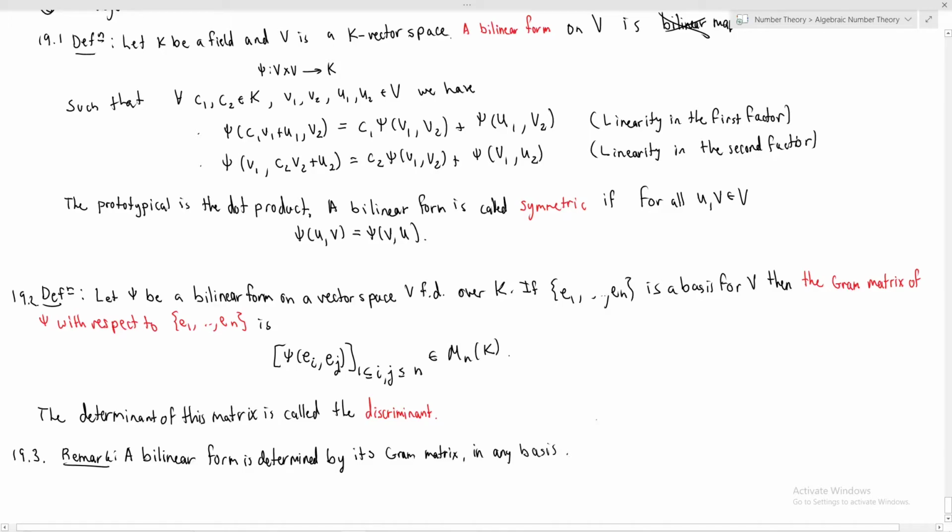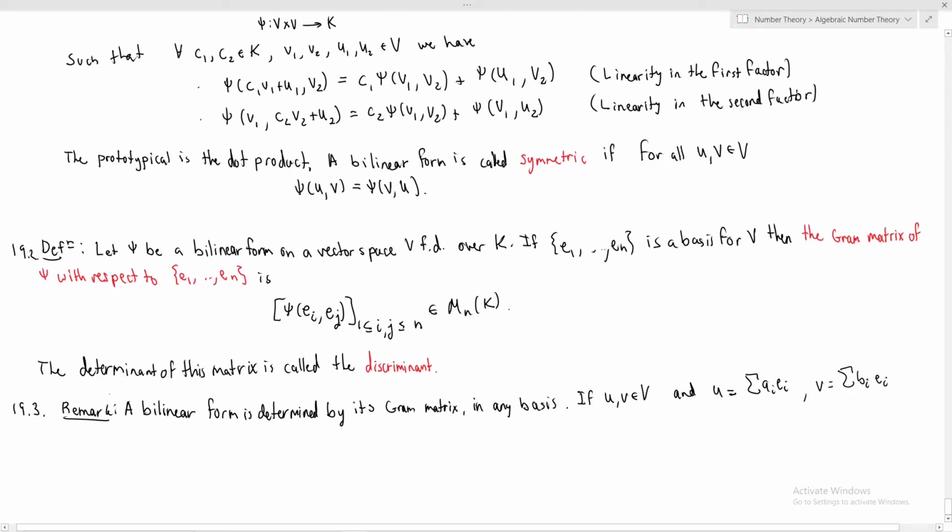Okay, so what do I mean by this? Let's say U and V are vectors in V, and let's say I know what they look like in the basis. So U is the sum of AI EI, and V is the sum of BI EI.